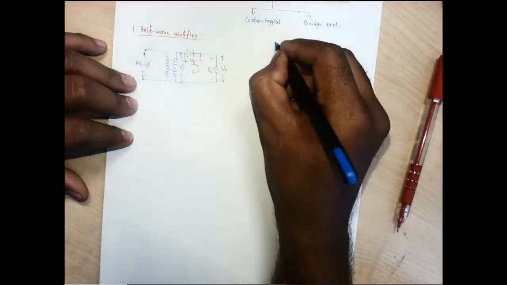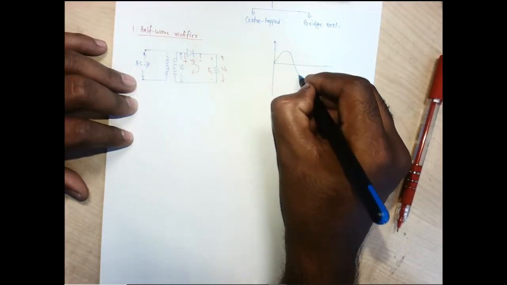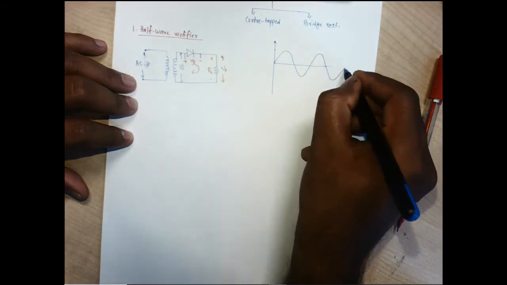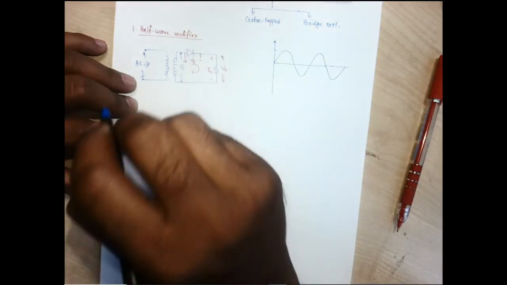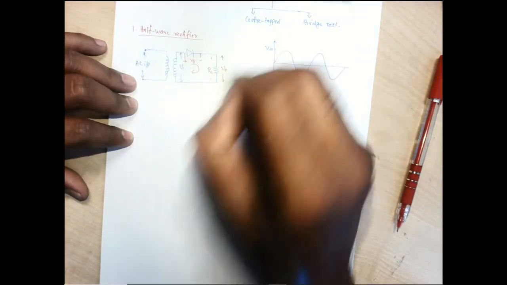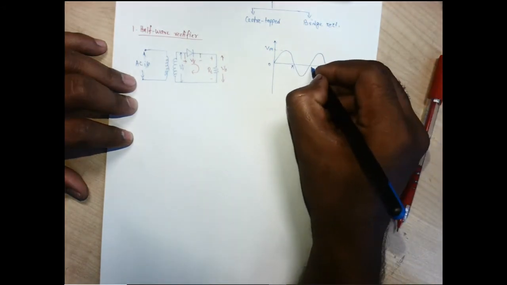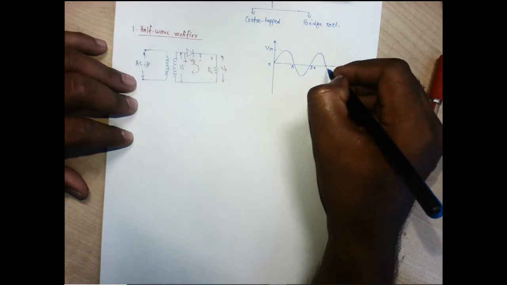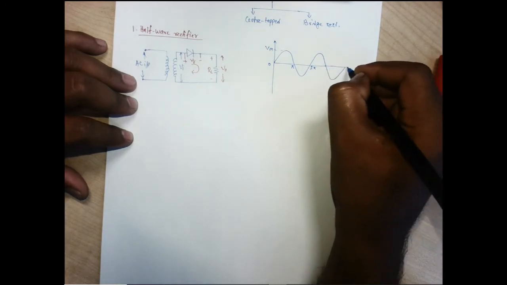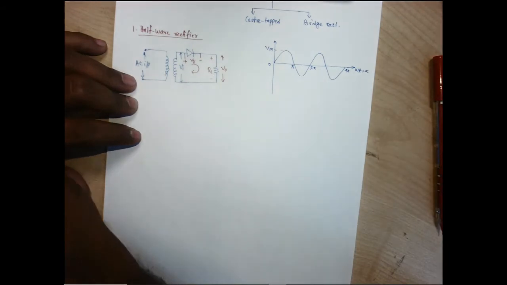Let us consider we have the sinusoidal input like this. It has the peak value, let us consider it is Vm. These are the different phases of the signal: 3 pi, 4 pi, like this. This is omega t equals alpha.